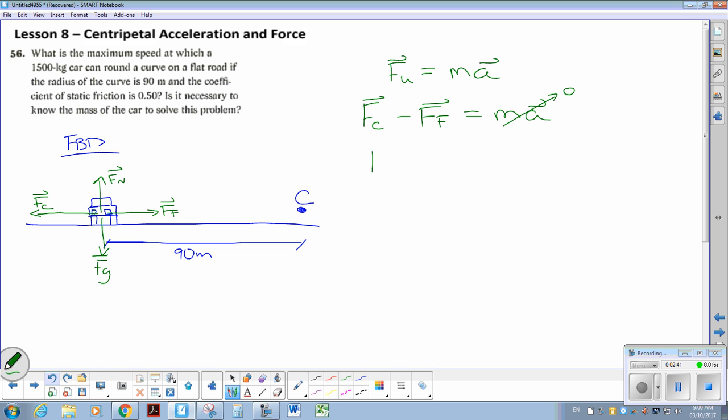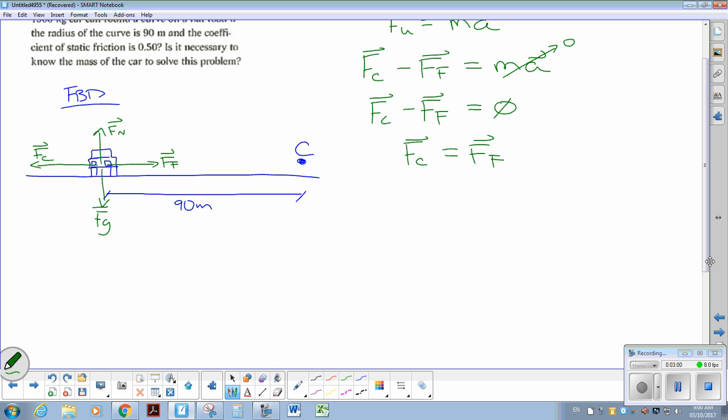So we end up with force centripetal minus force of friction. I'm doing a lot of extra steps here that you won't do mathematically, just for my explanation. Therefore, centripetal force has to equal force of friction for this car to go around the curve without sliding off. All right, now it's just a matter of substituting in our formulas.